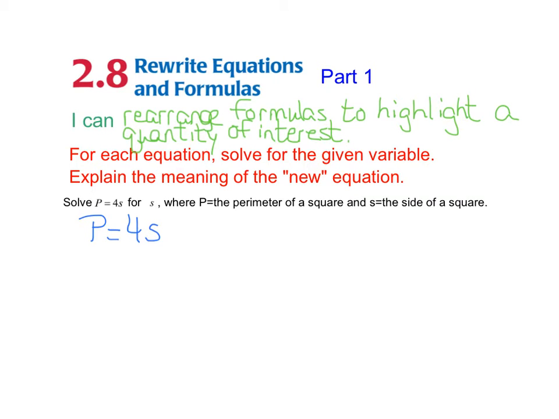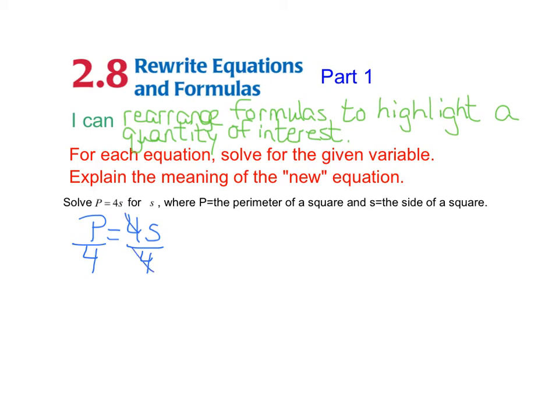Now, we need to ask ourselves, what's in the way? What's keeping S from being isolated? This 4, okay? What's the operation between the 4 and the S? Multiplication. What's the inverse operation to multiplication? Division. So we are going to divide both sides by 4, okay?